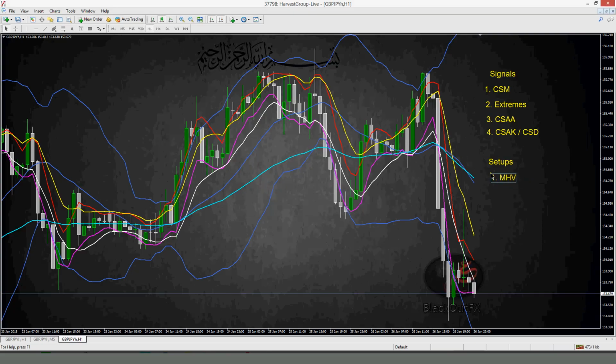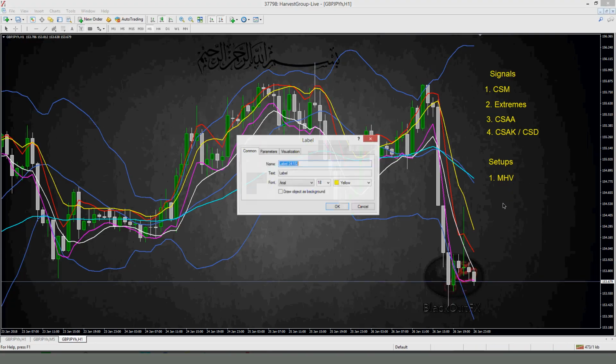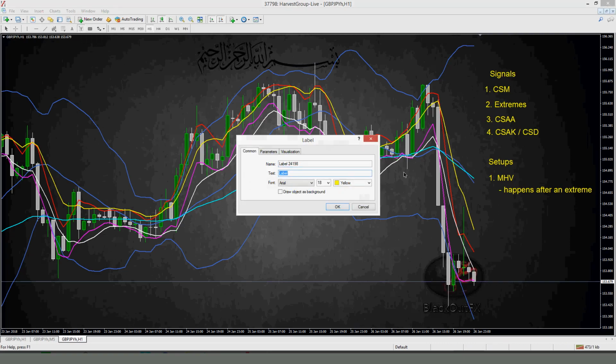So MHB, we need to identify the characteristics of MHB. The first characteristic is obviously that it happens after an extreme. As you can see over here, you have an extreme, and then the next one will be there's a CS that couldn't break top or low BB.